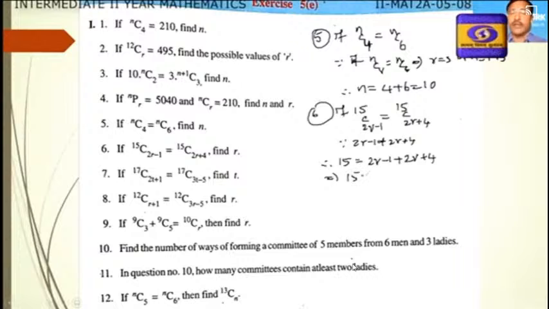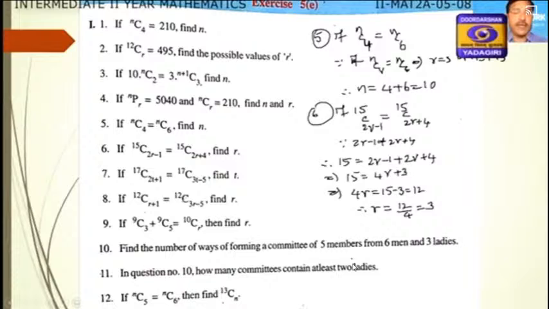So this implies 15 is equal to 4r plus 3. Now 4r is equal to 15 minus 3 is equal to 12. Therefore r is equal to 12 by 4 is equal to 3. The value of r here is 3.